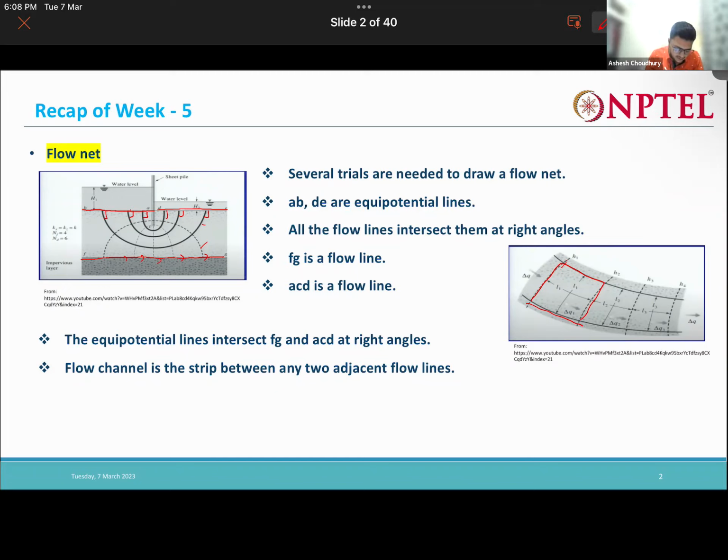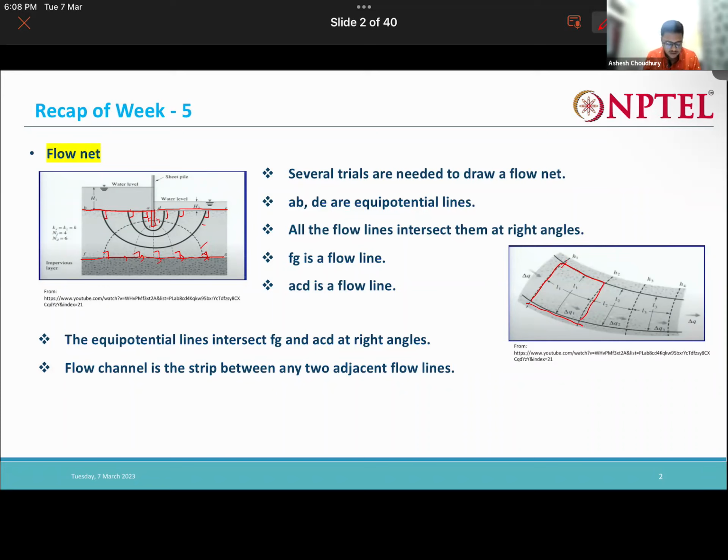Now ACD: flow can also occur along the surface of the sheet pile wall, so ACD is also a flow line. Equipotential lines intersect FG and ACD at right angles, because they are flow lines, and they intersect each other at right angles here as well.